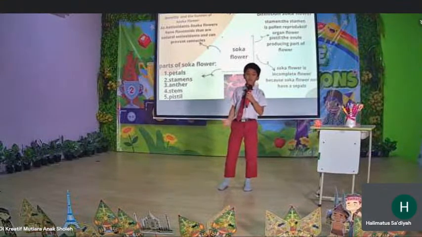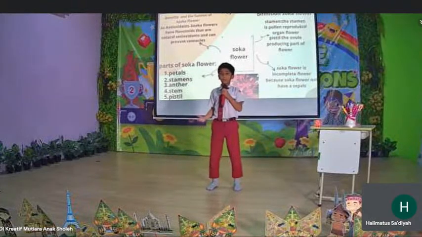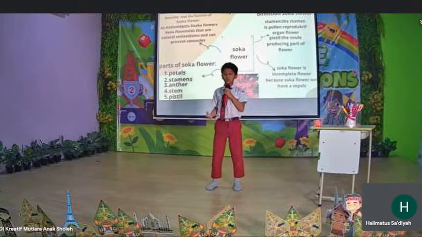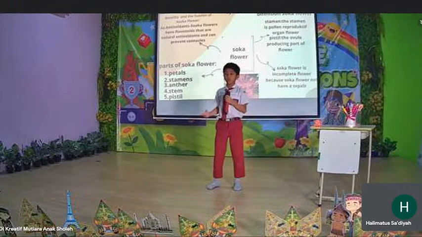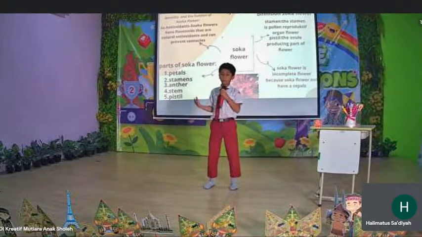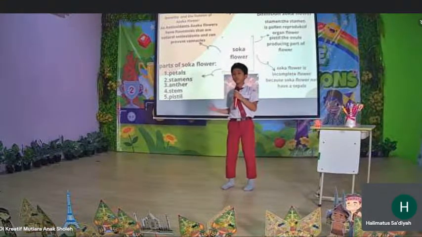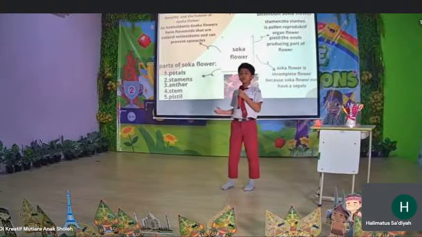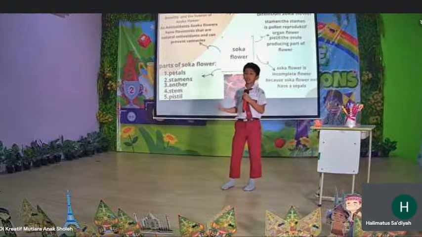Soka flower is an incomplete flower because it does not have sepal. Soka flower has benefits and functions. It has antioxidants, and the antioxidants can prevent cancers.